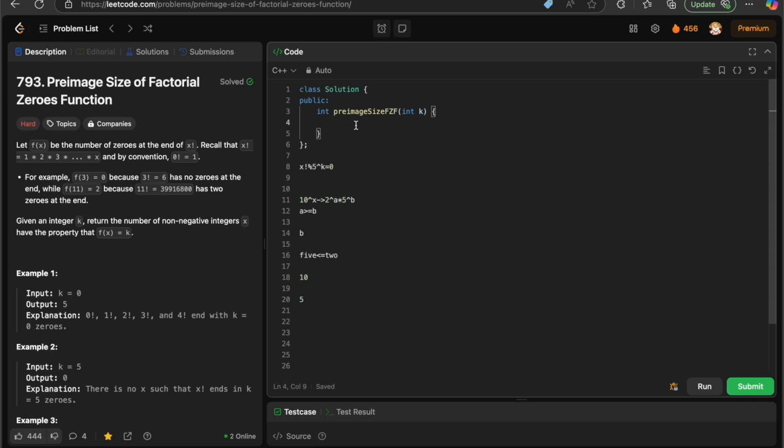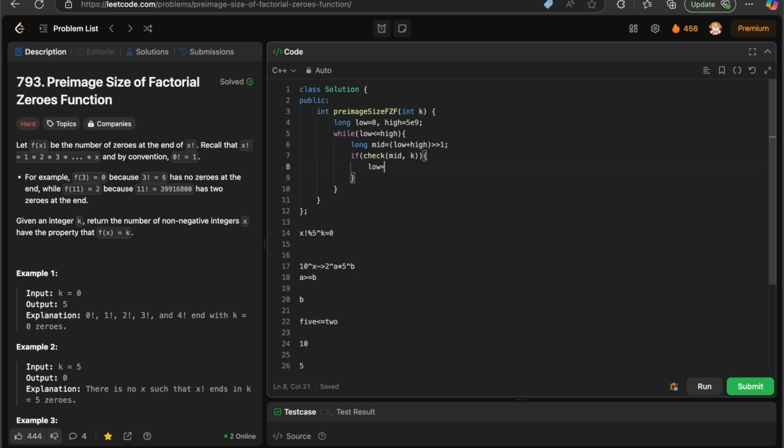To solve this, we take a long low equal to 0, because k can be equal to 0, and high equal to 5e9. While low is smaller than or equal to high, we take a mid element equal to low plus high divided by 2, and we create a check function to which we pass mid and k, which checks whether mid's count of 5s is smaller than or equal to k.